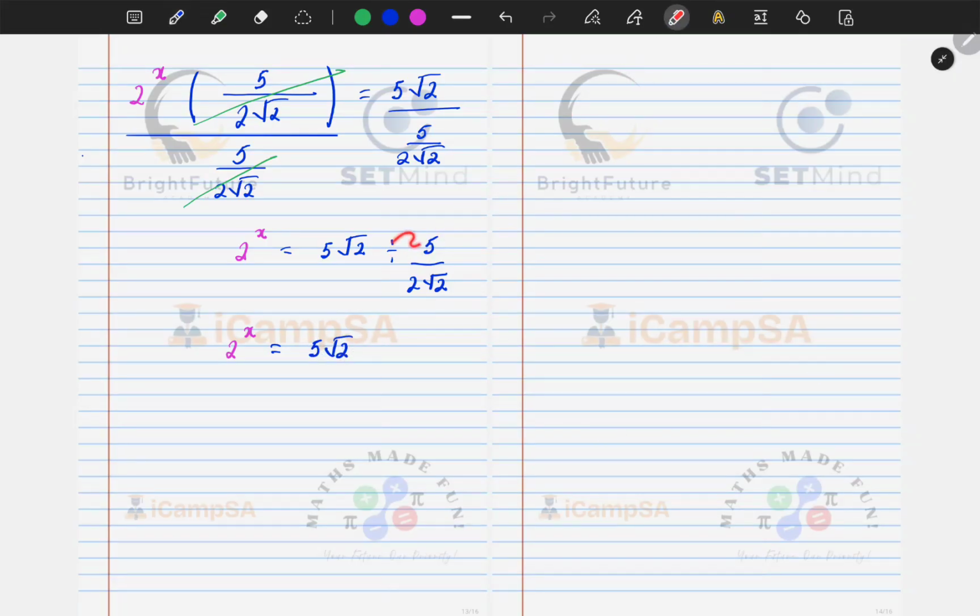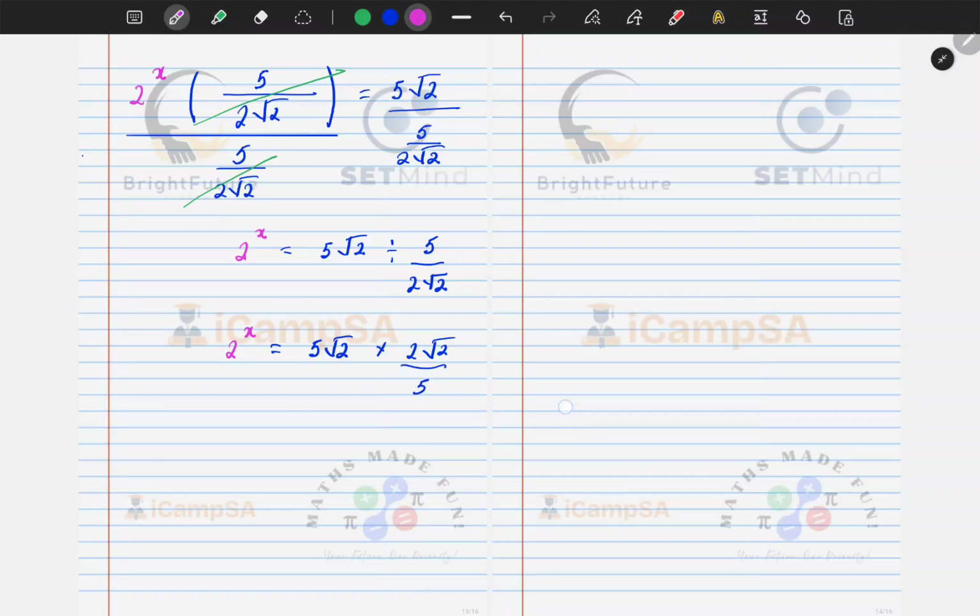So I am going to change the sign to a multiplication sign. What happens when you change a division to multiplication? The numerator becomes the denominator and the denominator becomes the numerator. So this is going to be times 2 root 2 over 5.